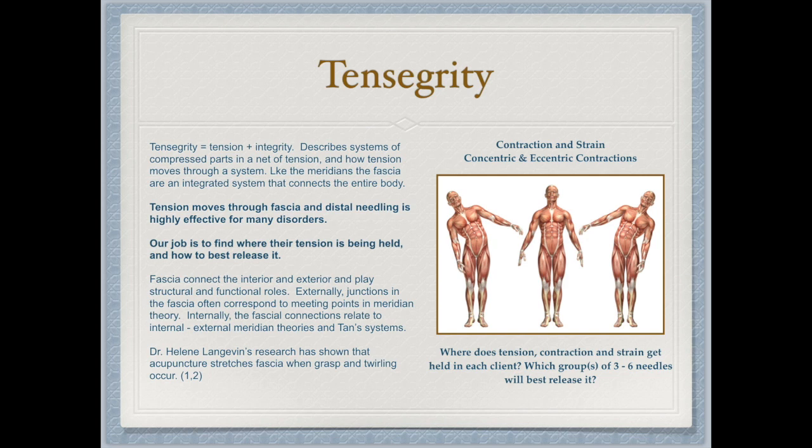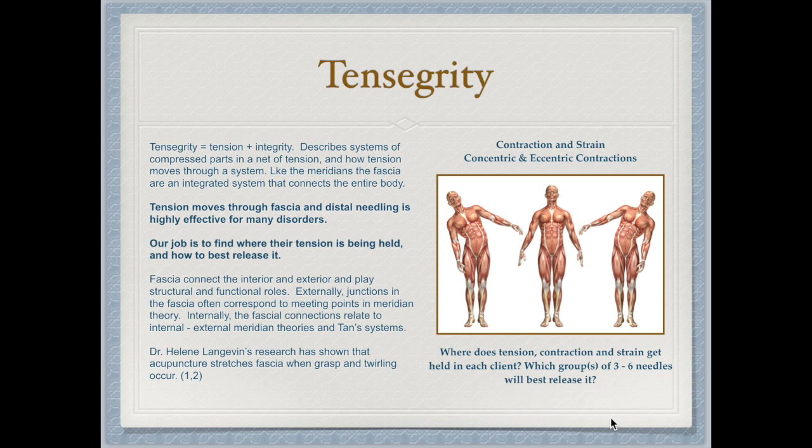There's also been some research showing that when people pull or strain their muscles, it's not due to a shortening in the muscle. It's often due to a strain or an excessive eccentric contraction that pulls the muscle, and then a person gets injured. So these are important things to consider as you do your point selections, and we'll discuss some of this as we move on.